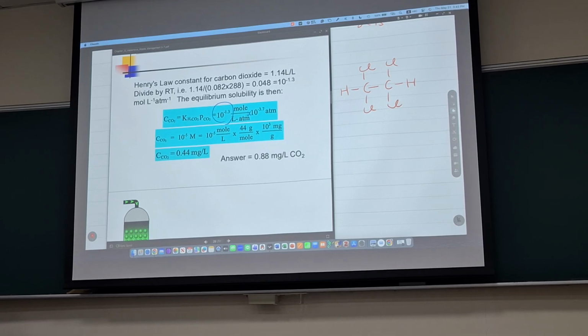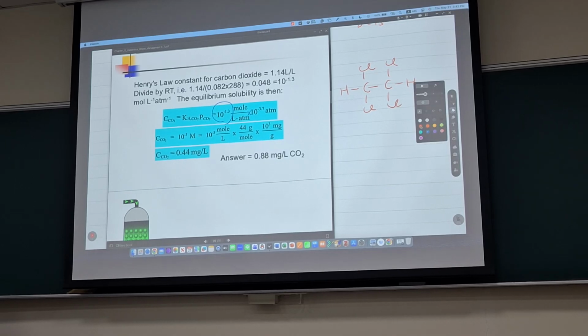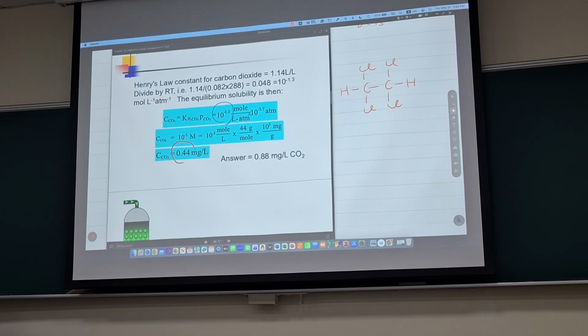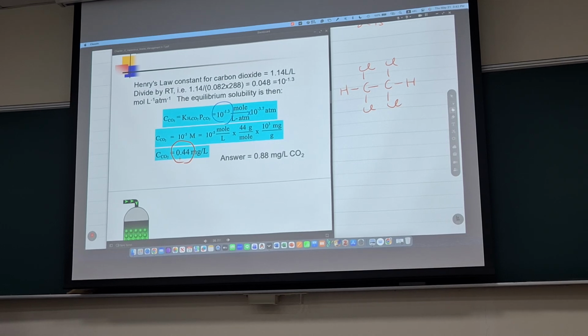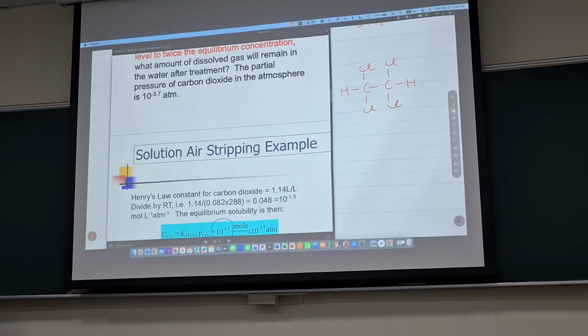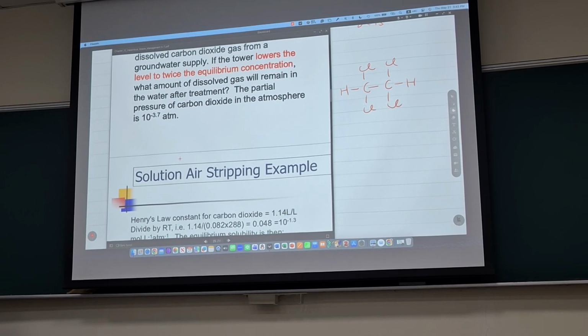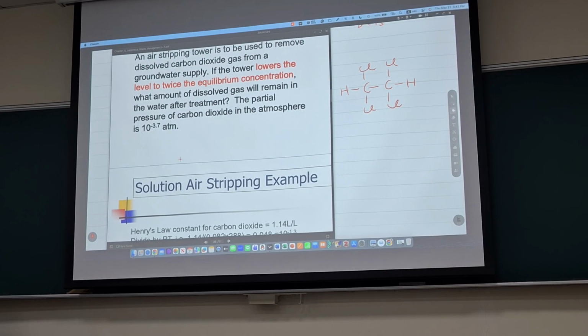And after conversion, we got 0.44. But not finished yet.